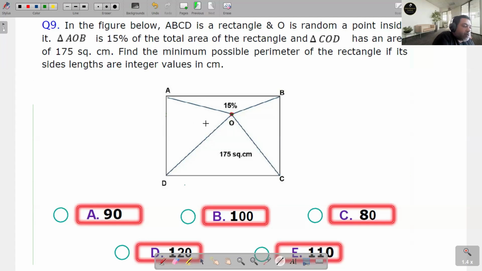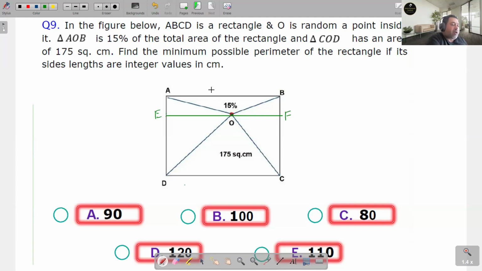Okay. So let's say we draw a line which passes through O, which is parallel. Now you notice that this particular rectangle is broken down into two rectangles, right? Let's call this as E and F. So ABEF is a rectangle, and EFDC is another rectangle which is just below it.